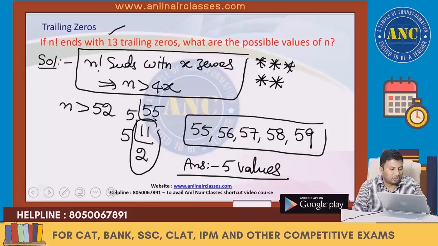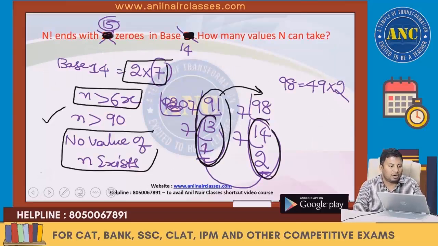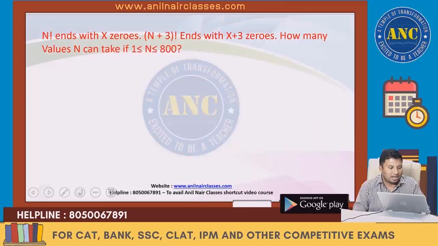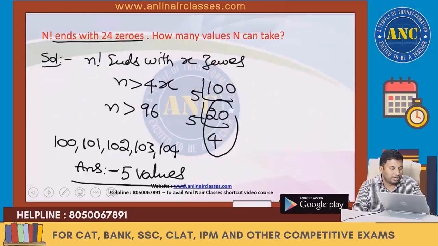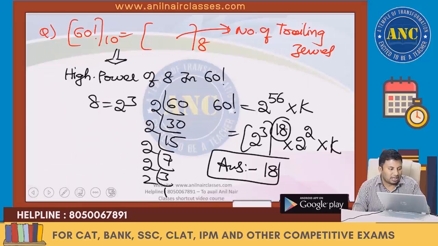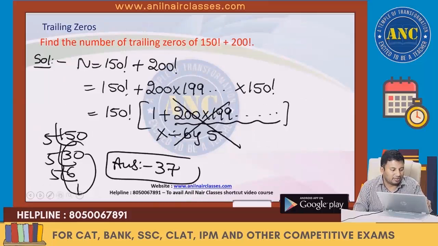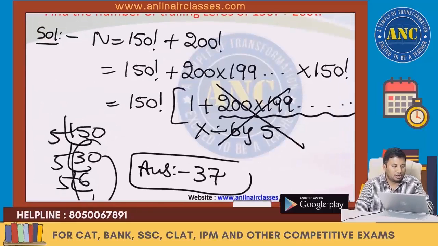If factorials are divided, if only the number of trailing zeros is given, how to find the value of n? And in base system, how to find the value of n? Now in the evening, we are going to do some other extraordinary questions. I hope the idea is very, very clear to you.